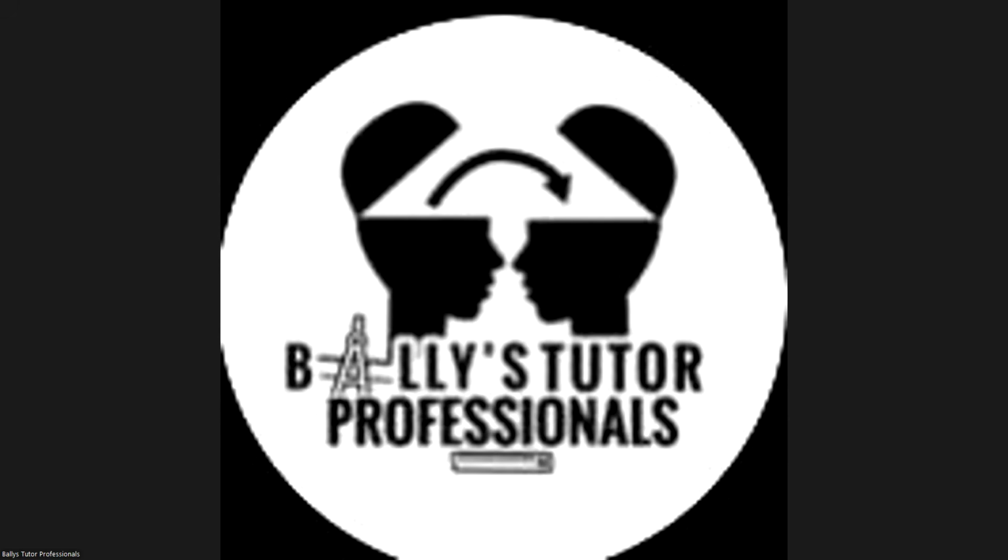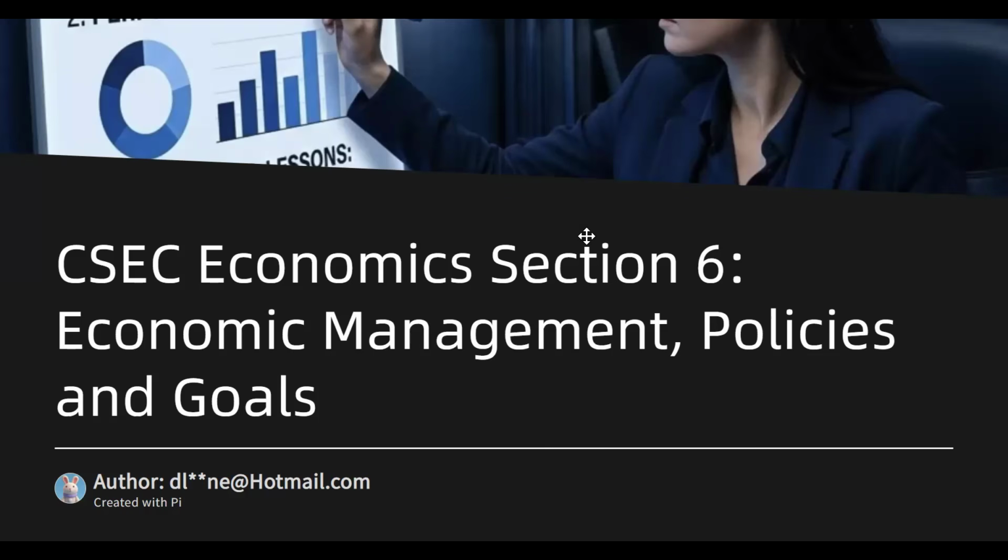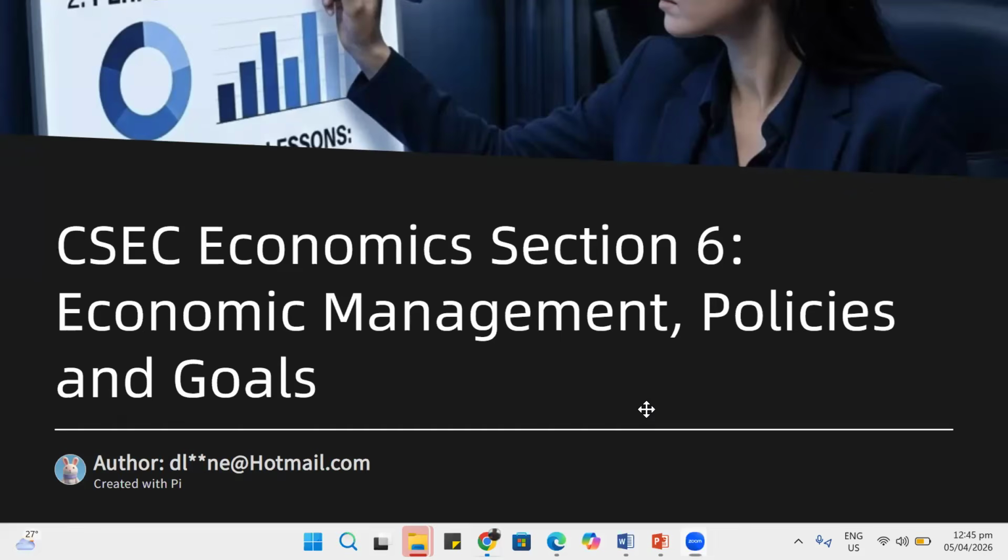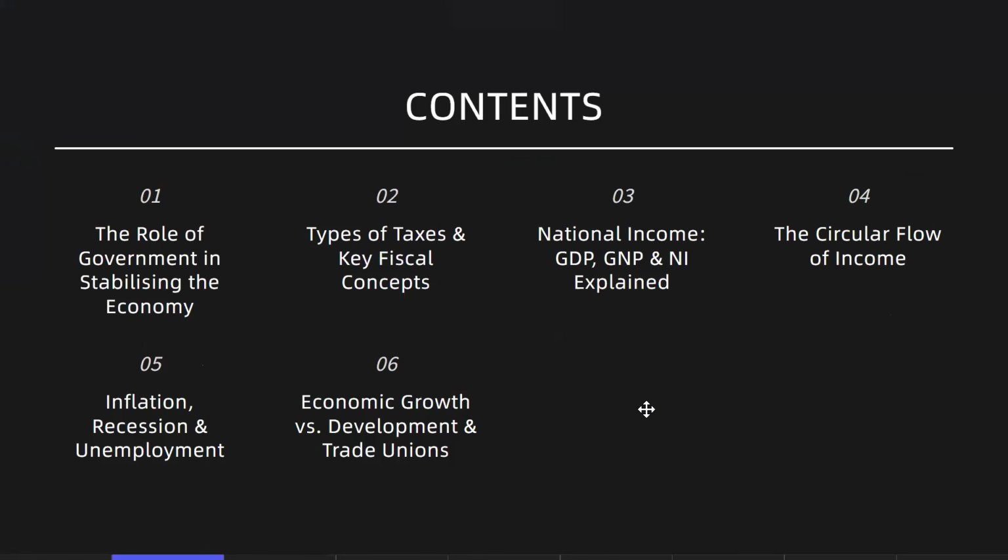So we are going to move on now. We're going to look at economic management, policies, and goals. Here you're going to learn a few terms. Well, should be revision anyway. We look at the role of the government in stabilizing the economy, the types of taxes, and key fiscal concepts.